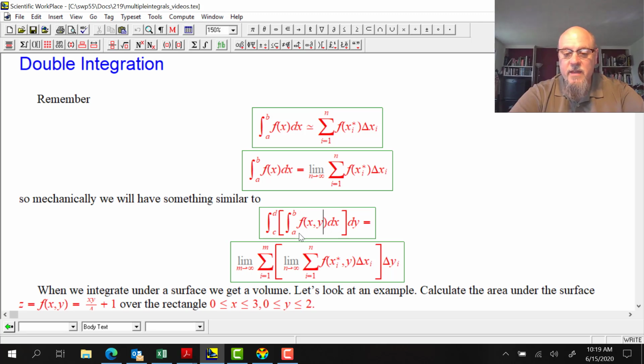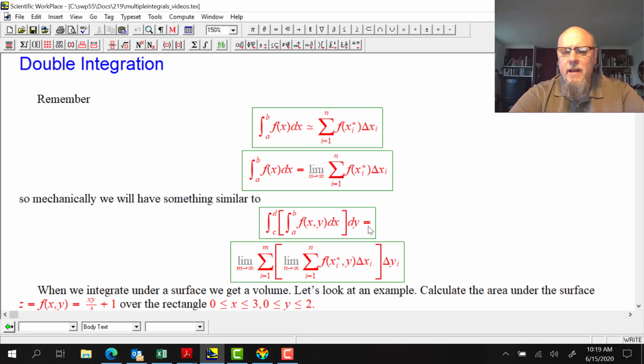If this is a dx, then this is x equals a and x equals b. We get a formula. There won't be any more x's in it because we'll have subbed in a and b for x's. Then we integrate any leftover y's from y equals c to y equals d and get an answer.